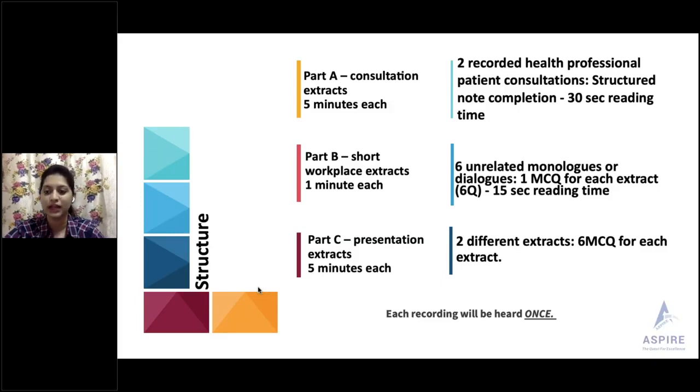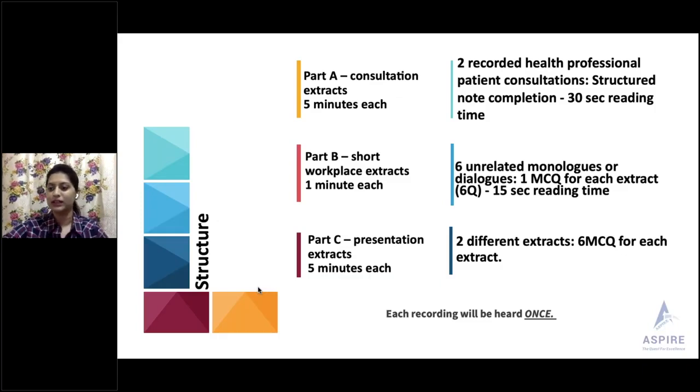The ability to understand and record important information in a work context is also assessed in some parts of the test. So let's look at the listening question types. There are 2 possible question types in the OET listening test, and it is useful to consider the design and format of these tasks so that you can improve your test performance. Basically, the more you know about it, the better you can perform.